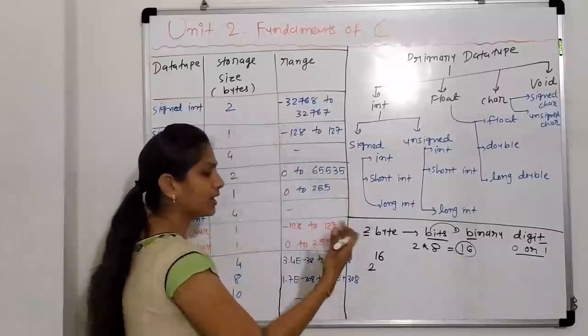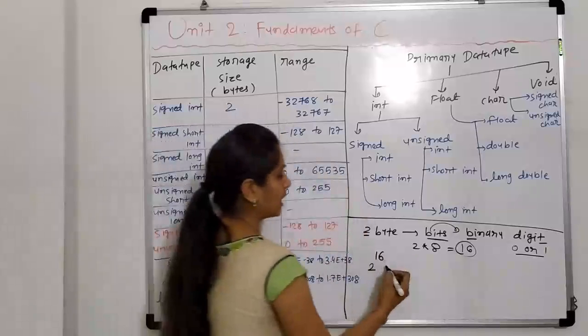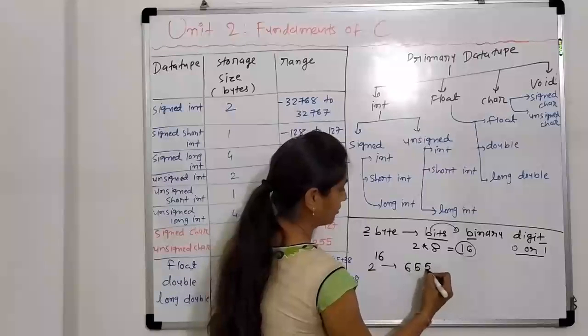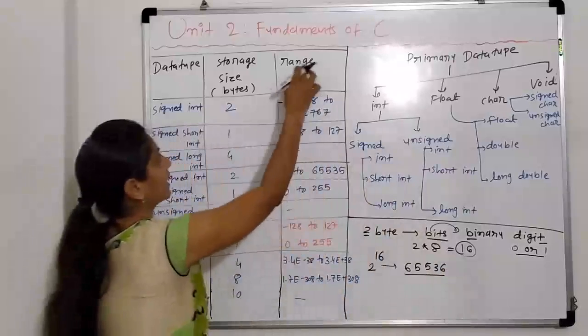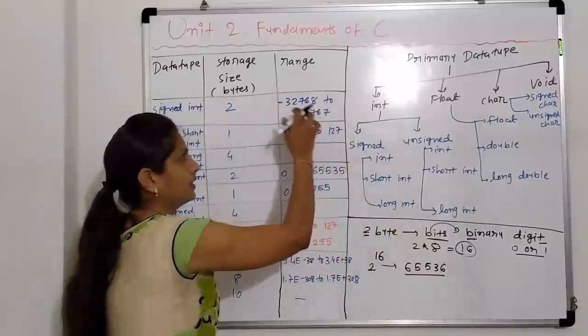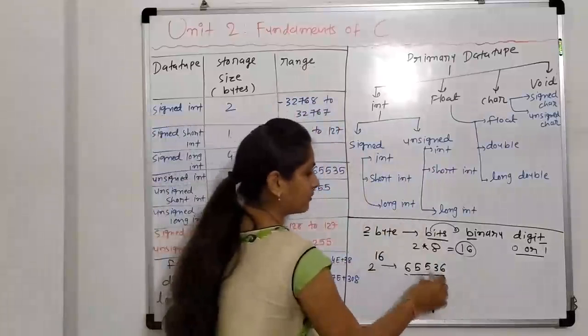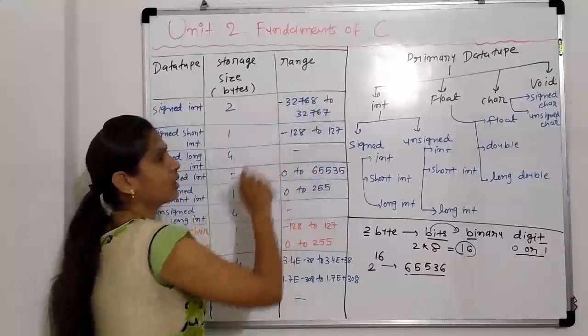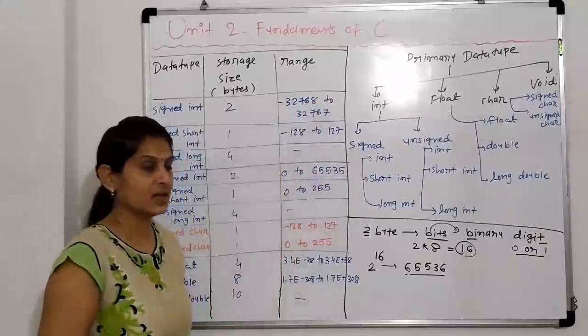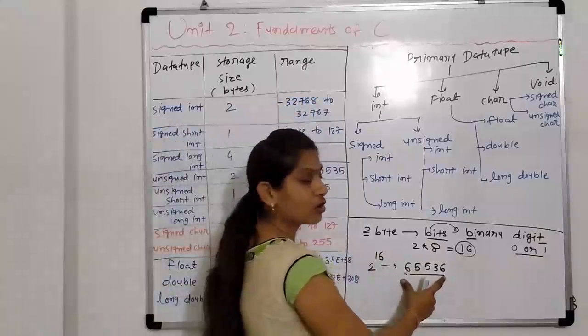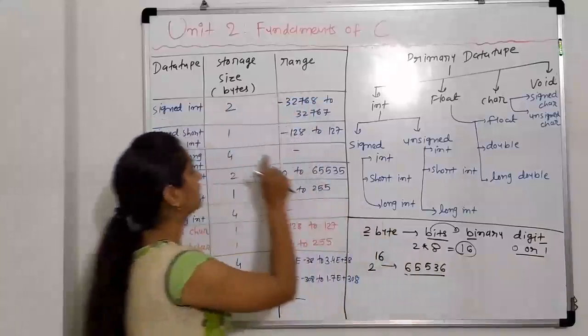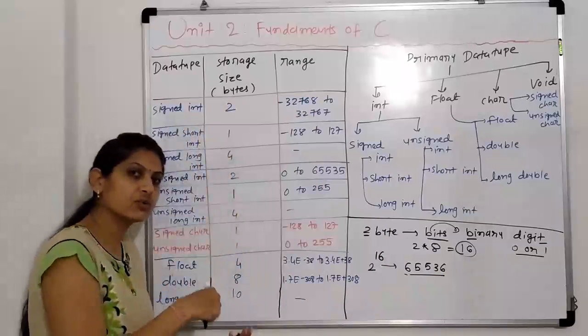Whenever you calculate 2 raised to 16, the output is 65536. And depending on this value, the range is decided. Now the range is not 65536, but it is 32,768. How is this range decided? This is only the positive count, but sign indicates it is negative as well as positive.